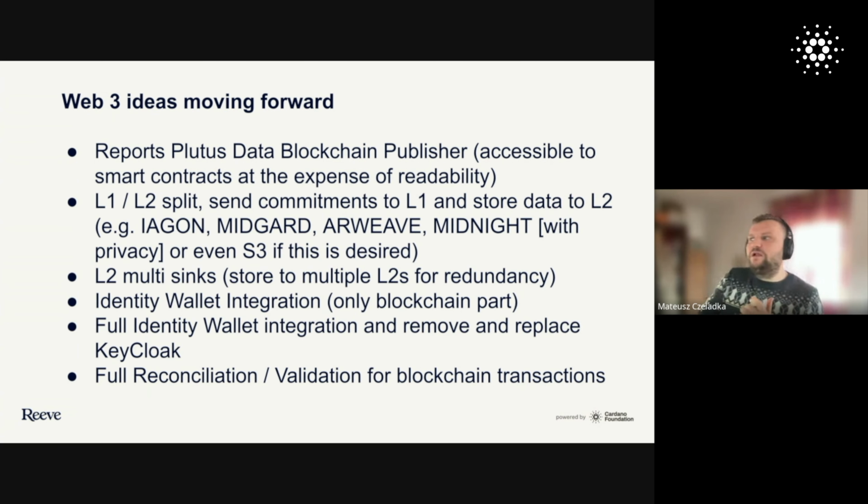So that would basically make it accessible to the smart contracts, but unfortunately at the expense of readability, because the way those datums are represented, it's just hex, pretty much, right? Hex strings.